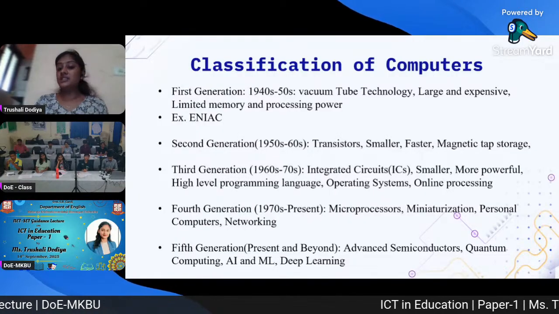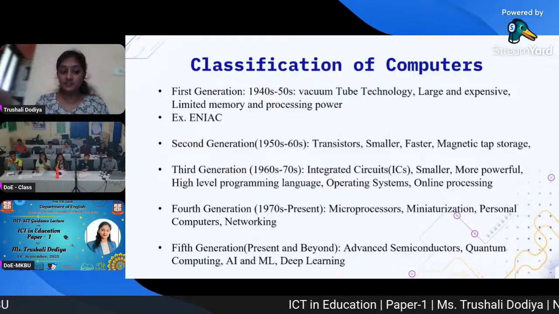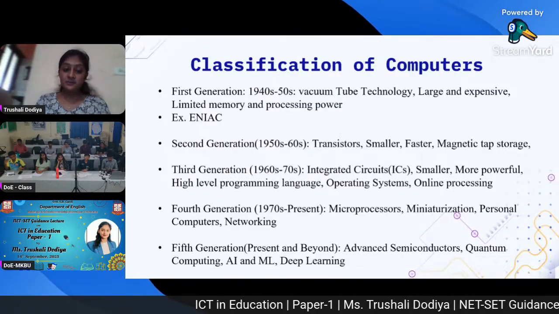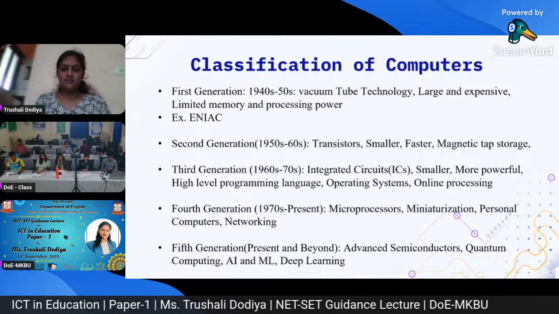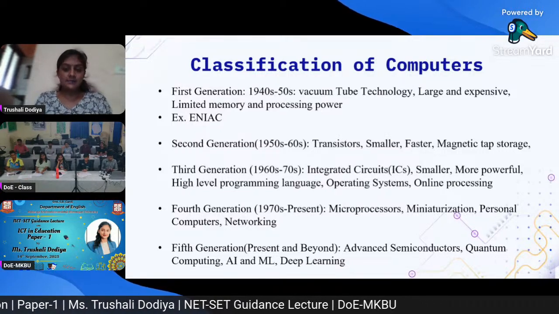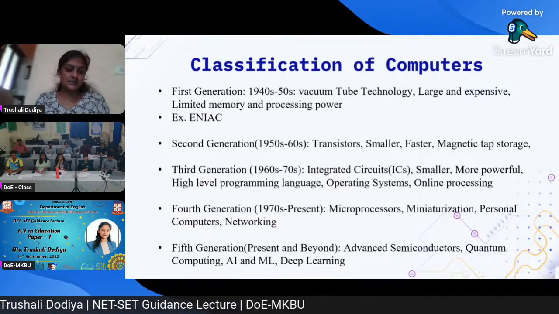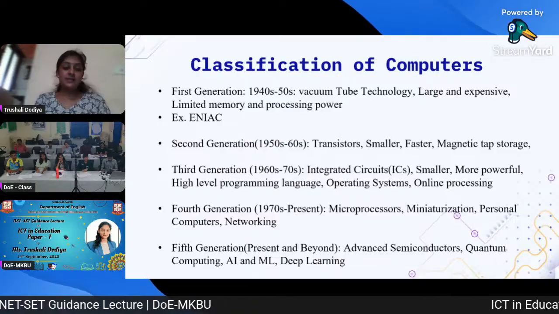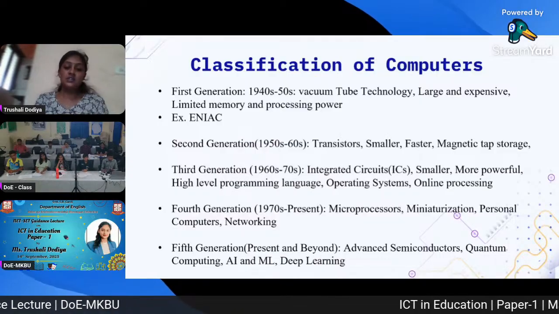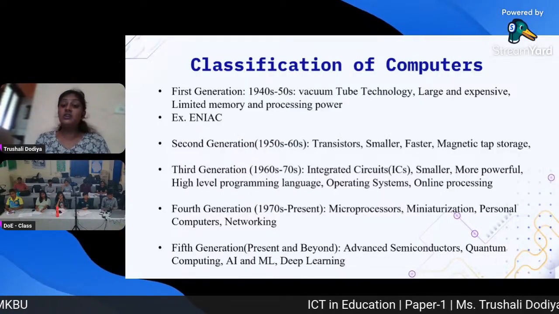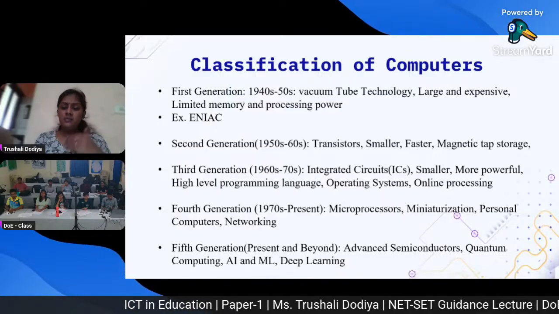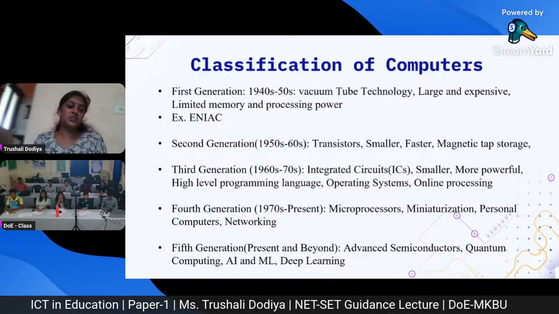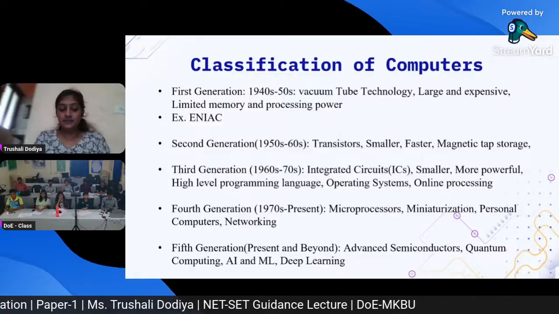They are smaller than the second generation and more powerful. There were high-level programming languages, operating systems that we often refer to as OS, and online processing systems. The fourth generation came from the 1970s to the present, which used microprocessors, miniaturization, personal computers and networking.